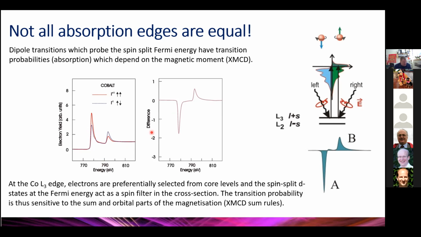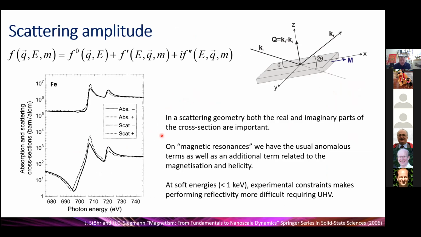And what we did many years ago was to recognize that if this is the absorption part of it, then you also, by definition, through the Kramers-Kronig transformations, must have a real part as well. So essentially, our scattering amplitude on some of these magnetic type resonances has the original anomalous dispersion terms that we had before, so E and Q, but it also must depend on the magnetization M.